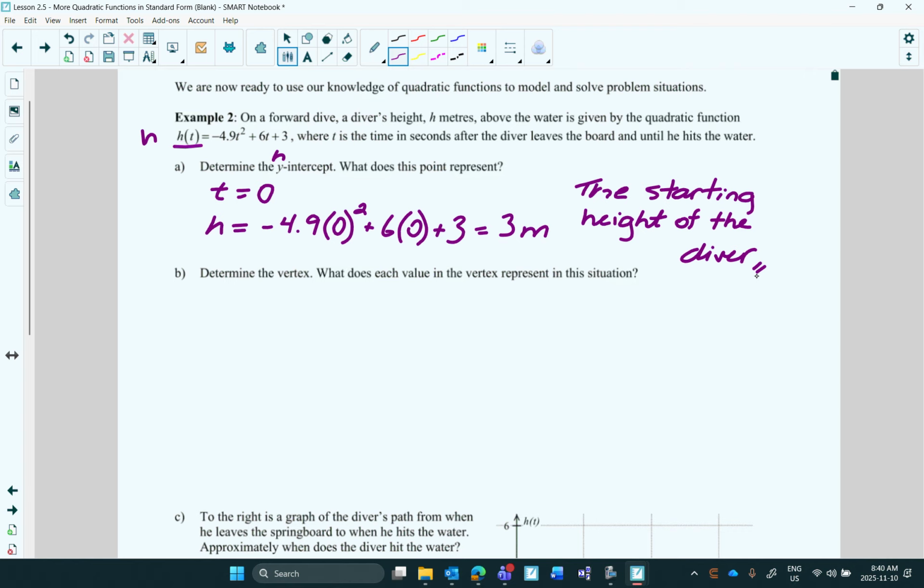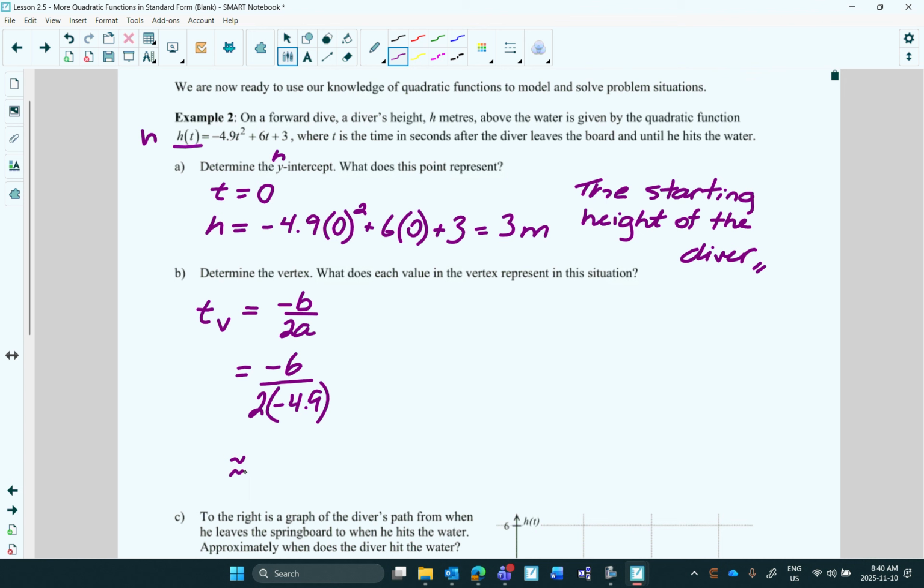The x vertex, or because we're in a problem, the t vertex, is going to be negative b over 2a. Well, what's b? 6. So negative 6 over 2 times negative 4.9. And let's round that to 3 decimal places.